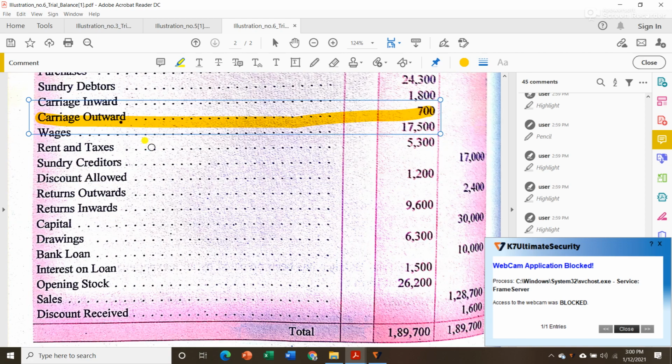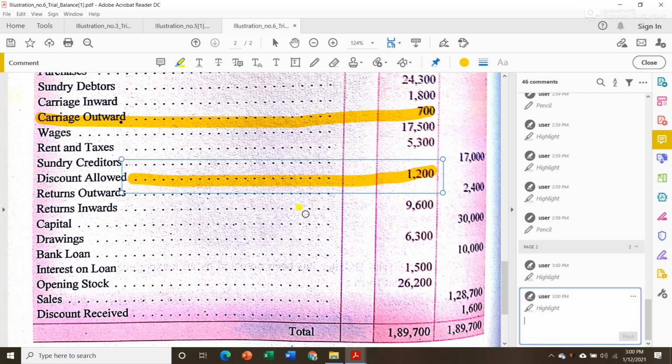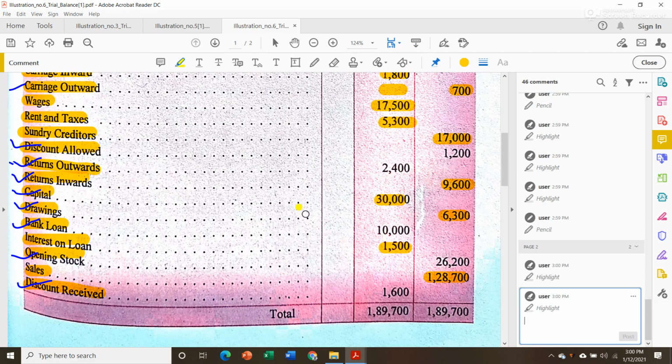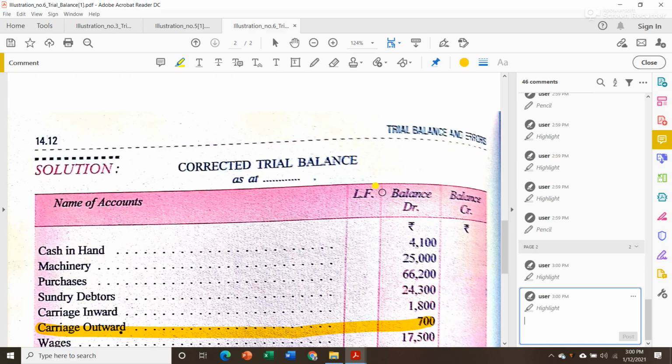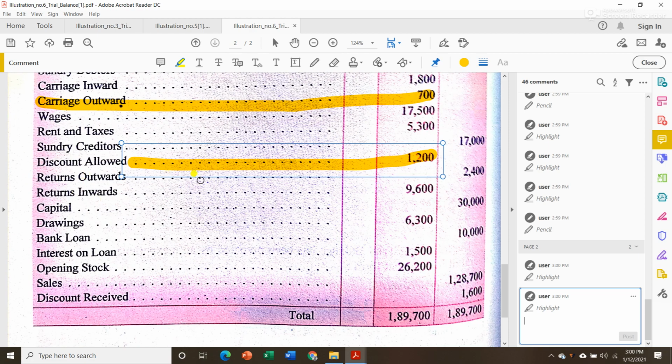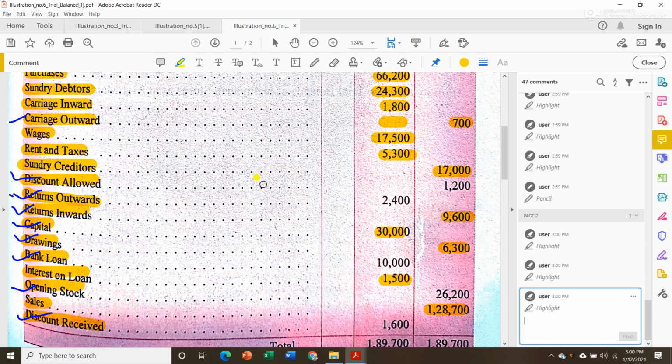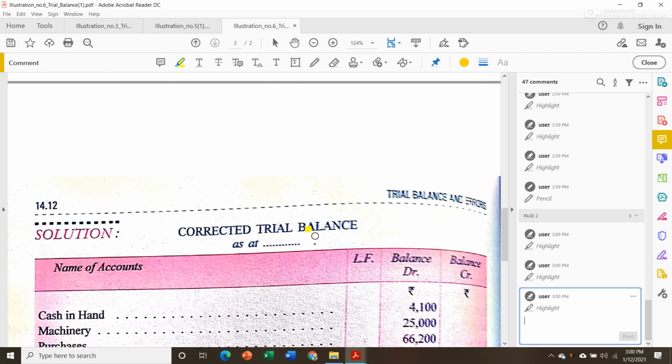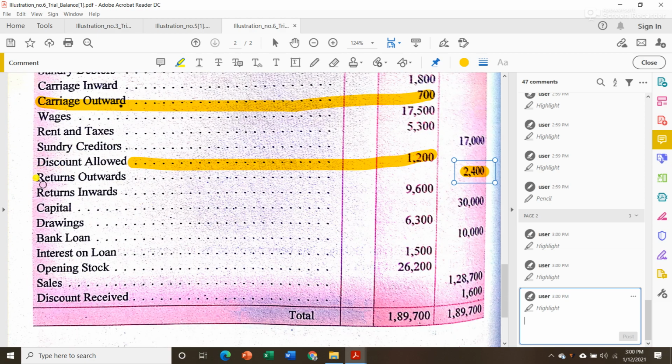So discount allowed, debit side. Okay. Then the next mistake we found, returns outwards. It should be in the credit side. So returns outwards, credit side, correct. The next mistake we found is in returns inwards. It should be in the debit side. Then returns inwards, debit side, correct.